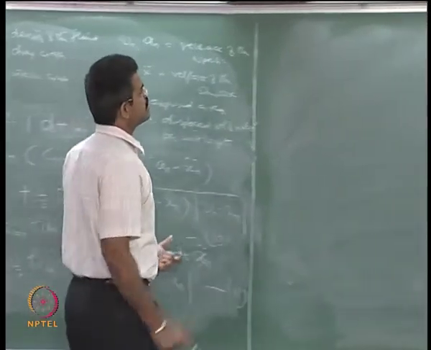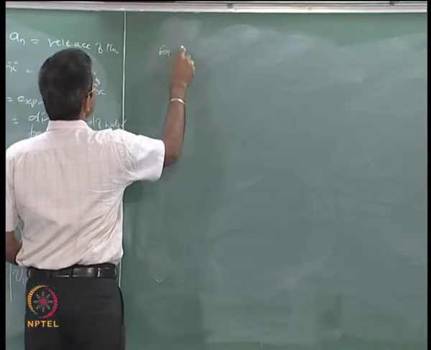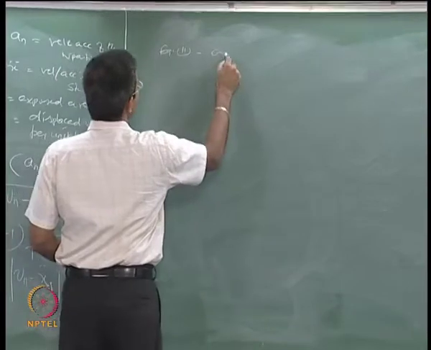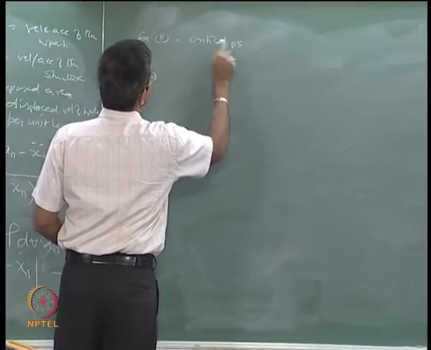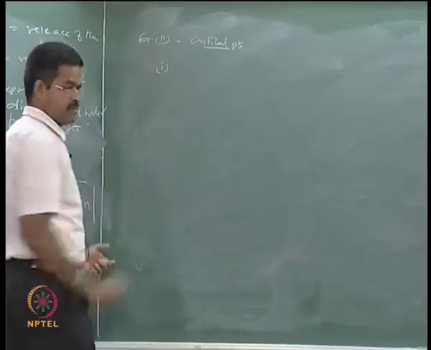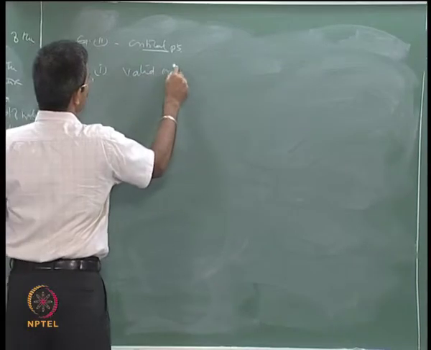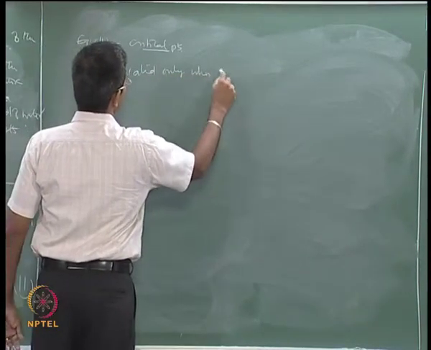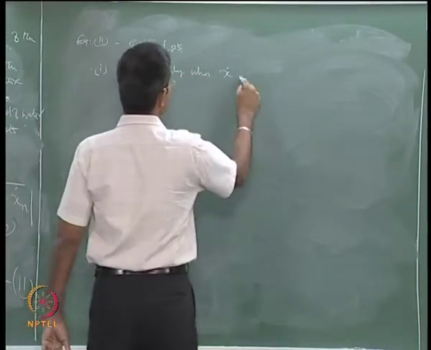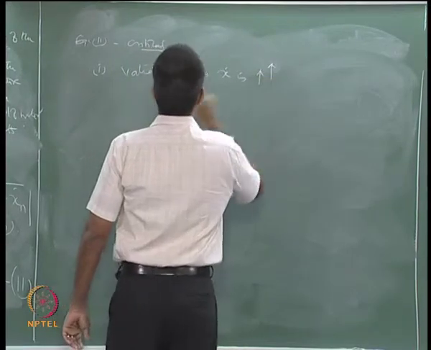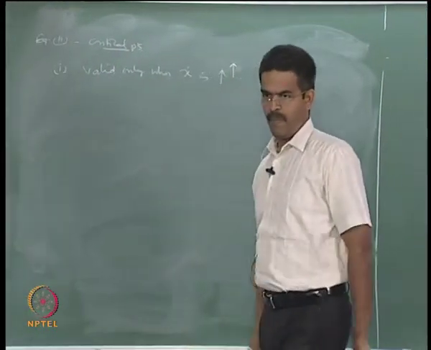This equation, that is equation number 11, has some critical points. 1. This equation is valid only when x dot is phenomenally high.